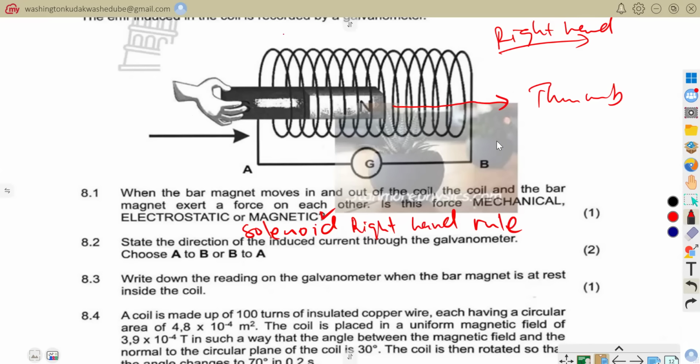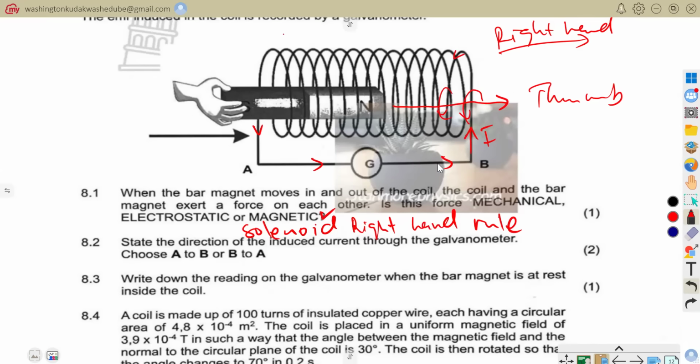And then your fingers will curl. You know that your fingers simply curl in that direction. They will start rotation in that direction. So this is the direction of our current. Our current is moving in that direction, entering like that, and then it will leave like that. So they want the direction of our current as it moves past the galvanometer.